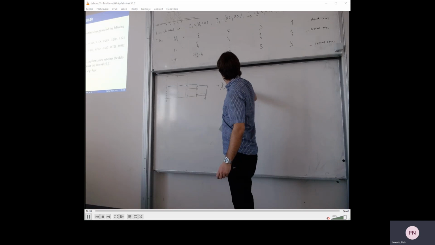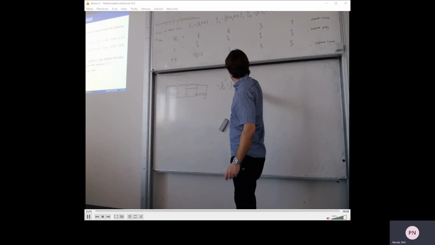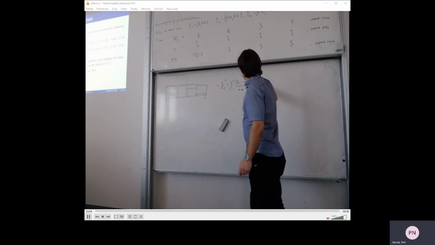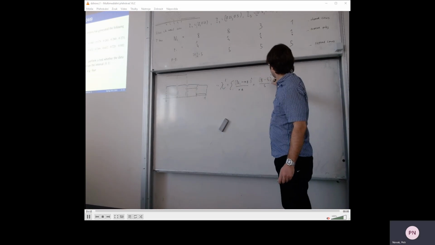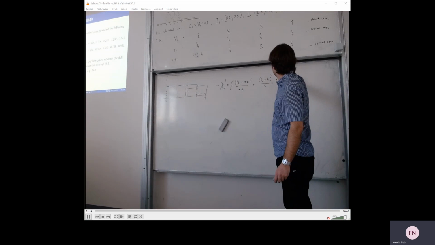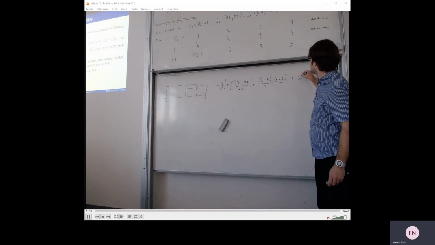Sum over all fields of (n_i minus n times pi) squared over n times pi. So this is (8 minus 5) squared over 5 plus (8 minus 5) squared over 5 plus (3 minus 5) squared over 5 plus (1 minus 5) squared over 5.